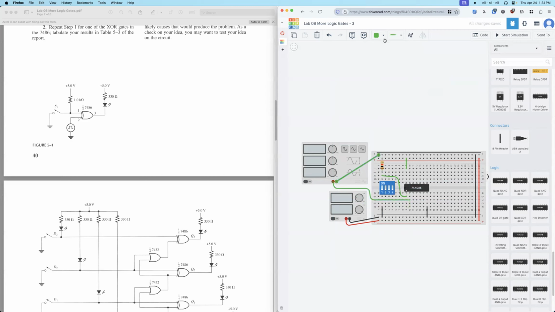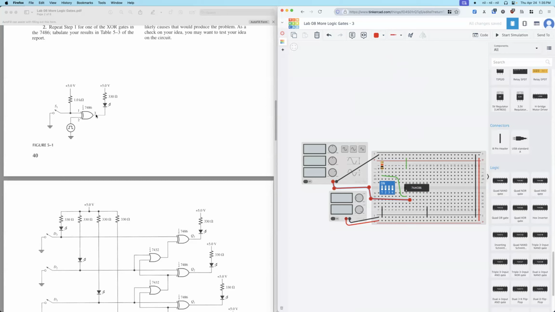Then let me change this black to red. Okay, just a moment. Okay, so now this is the input signal, so it should be a square wave.